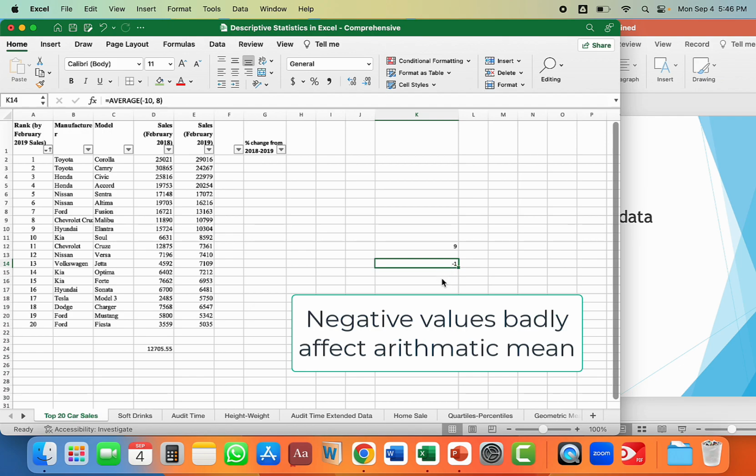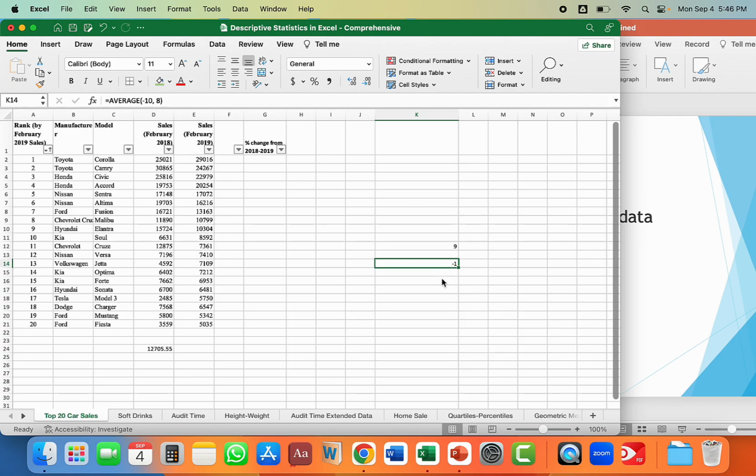Now many times we are not interested in this negative value, and we do not want it to be considered in our calculation, because many times this negative value is only telling us about the direction, that something is going up or going down. We are not interested in that negative sign, we are only interested in the absolute value.